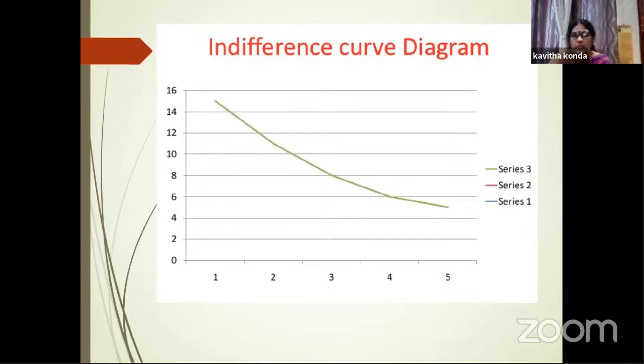They will give equal satisfaction to the consumer. That's why we call this an iso-utility curve or equi-utility curve. The first combination gives the same satisfaction, and the second combination, the locus point, also gives the same satisfaction.